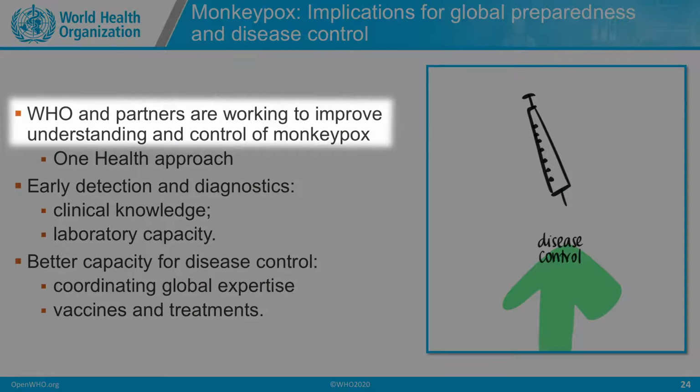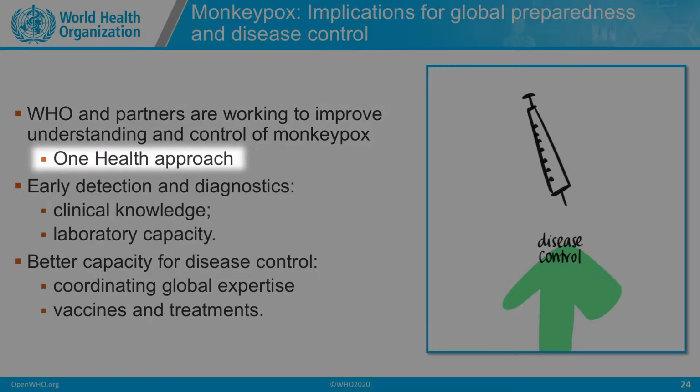As we've heard, monkeypox is considered to be a re-emerging infection. It has been known for many decades, but in fact, we have seen the emergence of new cases and outbreaks in the last few years in a way that hasn't been seen in a very long time. WHO and partners are working to improve the understanding of this re-emergence of monkeypox and develop prevention and control strategies.